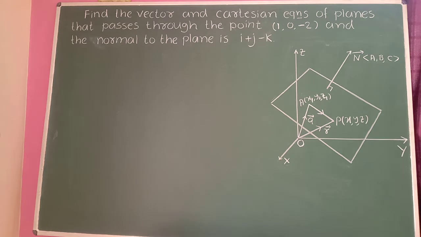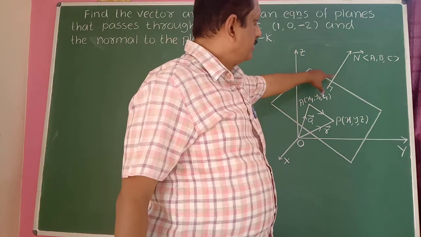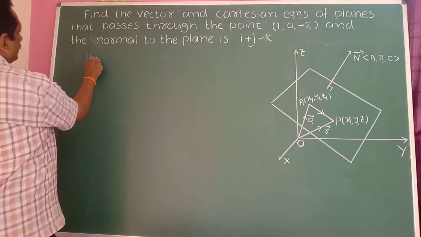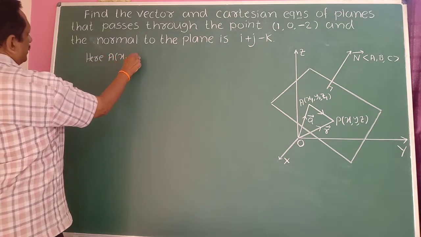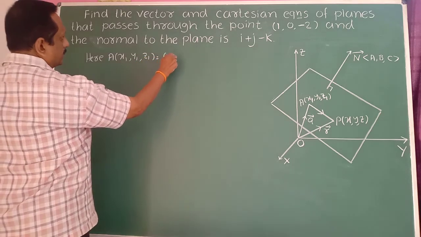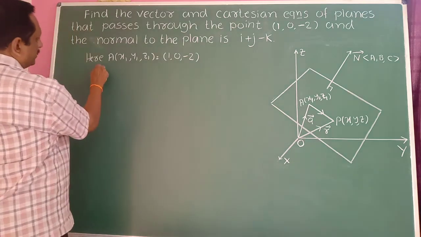Find the vector and the Cartesian equation of the plane passing through the point (1, 0, −2) and normal to the plane given here. Here they gave this point and this normal. Therefore (x1, y1, z1) is (1, 0, −2).